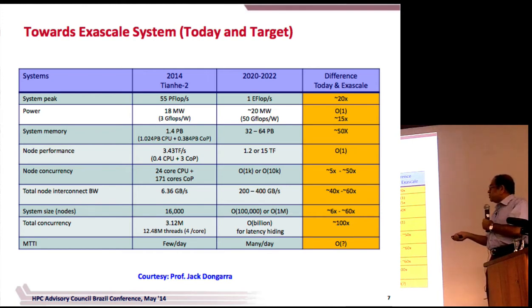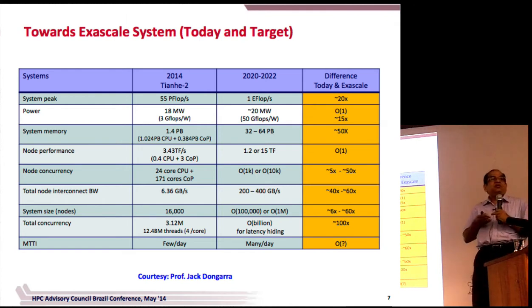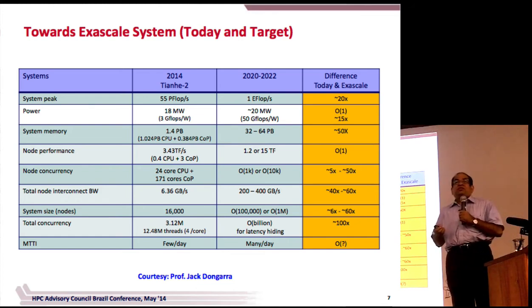Then if you think of the networking, which we will be talking about a lot today, here you will see only 6 gigabytes per second, and we want to go to almost 200 to 400 gigabytes per second, the data coming out of the node and going in, and that takes a factor of 40 to 60. And similarly system size: currently we have 16,000 nodes, and people imagine having 100,000 or 1 million of these nodes.